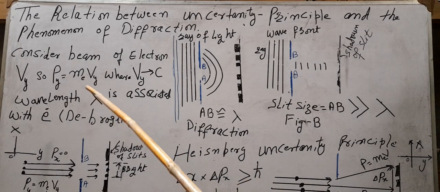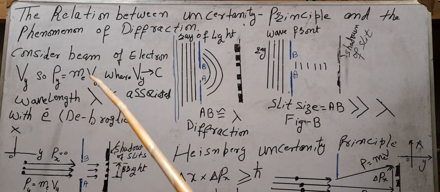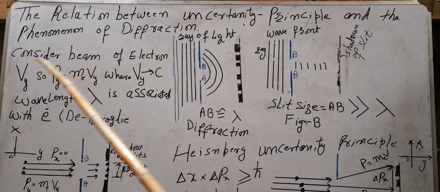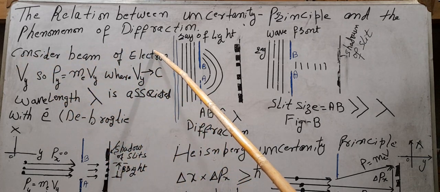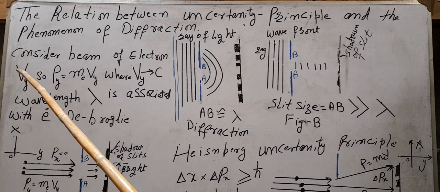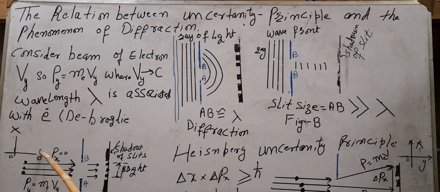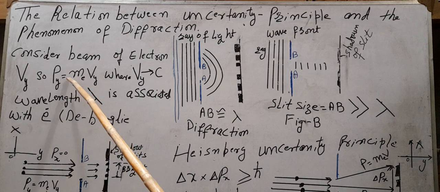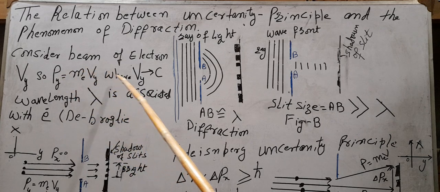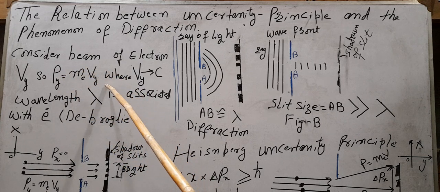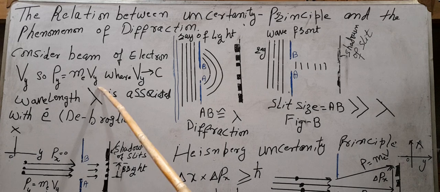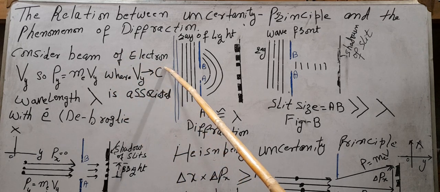Now, before discussing the uncertainty principle, first we consider a beam of electrons having velocity Vy. They are moving along the y-axis, where m is the mass of each electron. Therefore, the momentum of the electron along the y-axis becomes P equal to m Vy. Here we consider that the velocity of the electron is approaching the velocity of light.